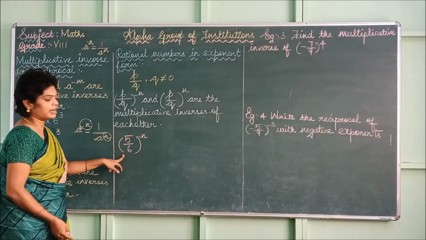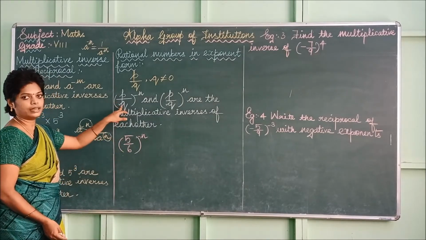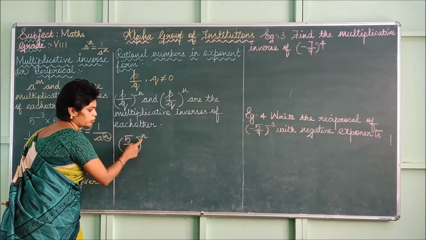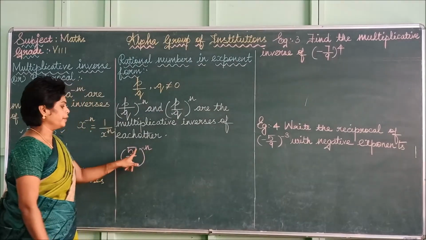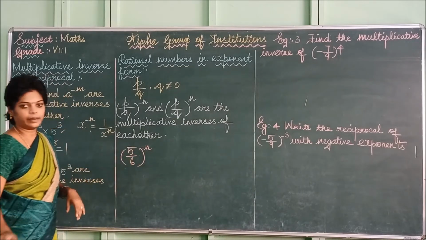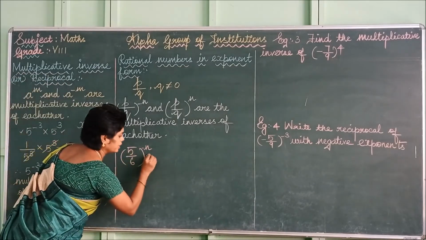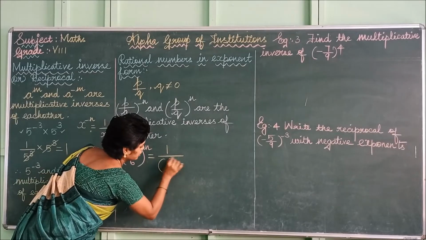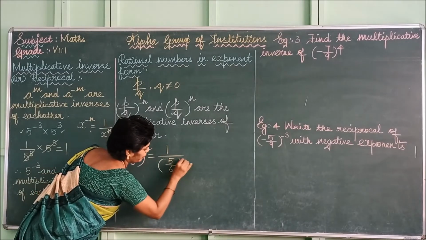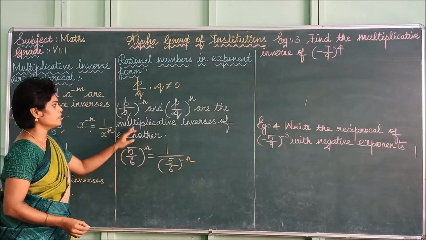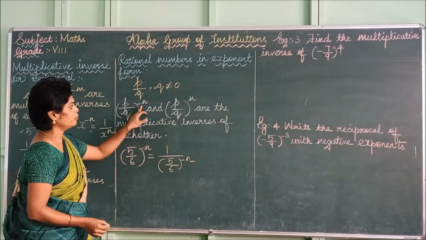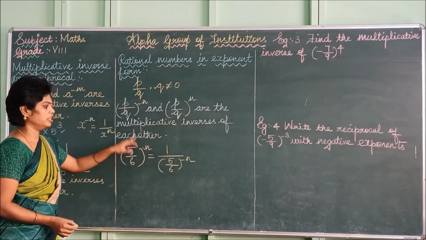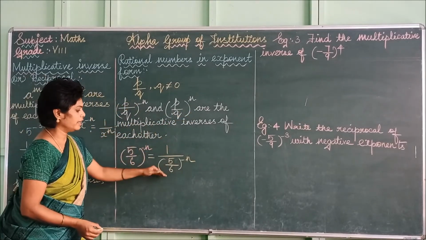So here I am taking another example for the rational number. What is the value here? (5 by 6)^n. Look at the example, (5 by 6)^(-1). So this can be rewritten as 1 divided by (5 by 6)^(-n), because (p by q)^(-n) and (p by q)^n are the multiplicative inverses of each other. Using the statement, we can write this one.